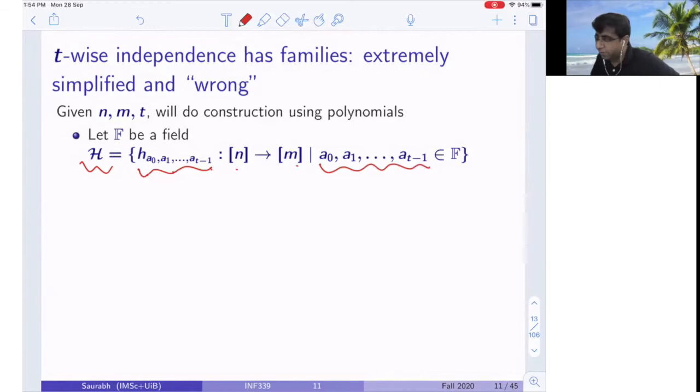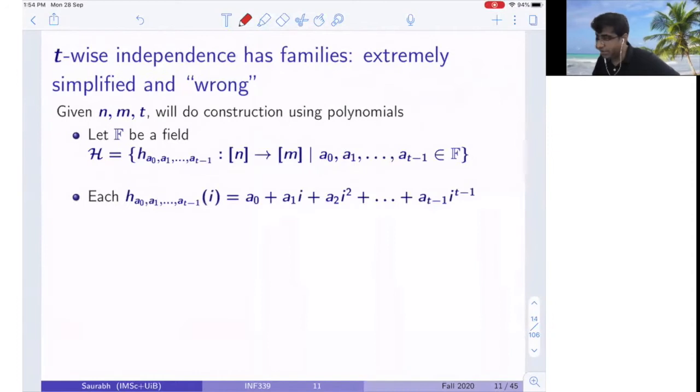So how many such functions are there? If you notice, it depends on what the size of F is, so the size of this family will be |F| to the power t, and each h(a0, ..., a(t-1)), given a value i, basically evaluates this polynomial, okay?